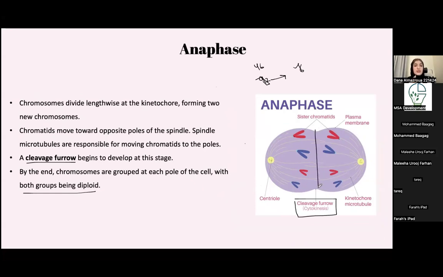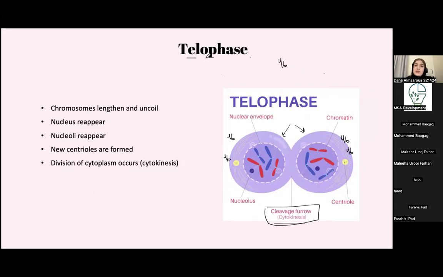It's in the process of dividing the 92 into 46, if that makes sense. So they wouldn't ask you how many, because it's just in the process of splitting. But the one for sure that is 46 chromatids is the telophase, because we've divided them and we're now undergoing the cytokinesis.